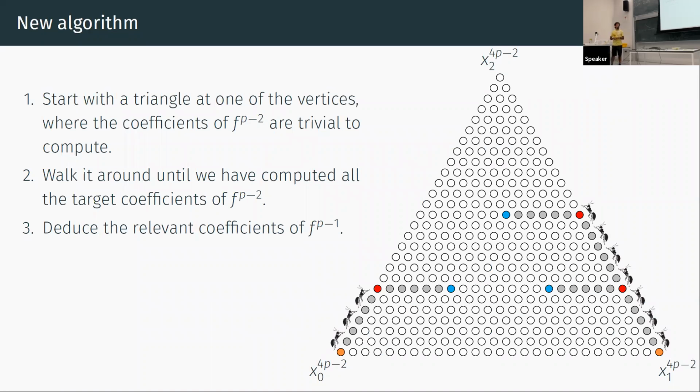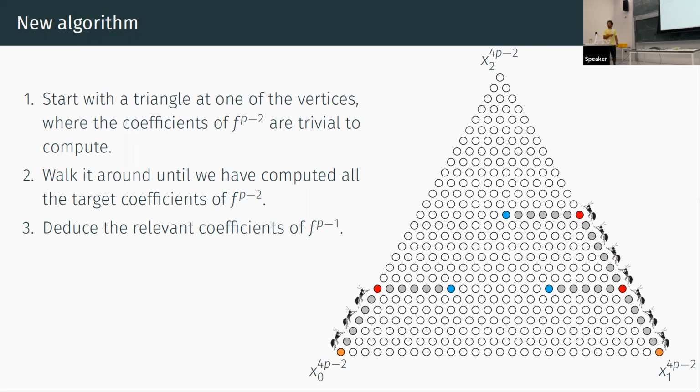So here's the new algorithm. We start with a triangle because we can compute these coefficients very fast, all of the corners, right? Because you know it's just doing f to the p. So the only coefficient involved here is the coefficient of x0 to the 4, and then you get that guy and you can walk. Then you walk along the edge, just following the ends.